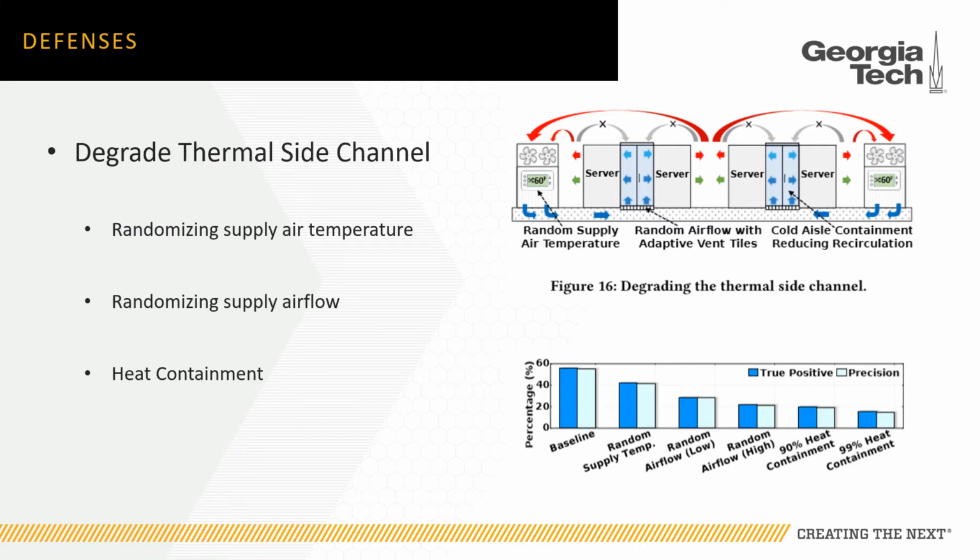By doing that, the thermal side channel all but disappears, since there is no information carried on the temperature variances from the air's recirculation. Therefore, the attacker cannot know the power demand behavior from the benign tenants in the data center.